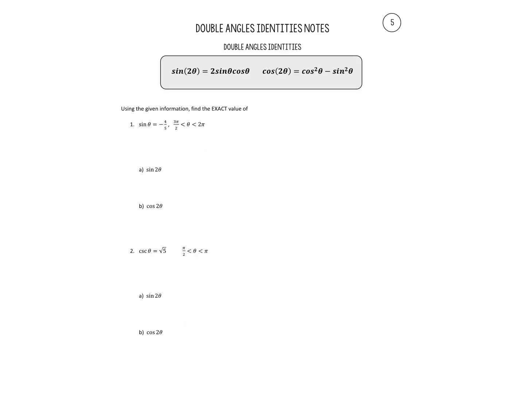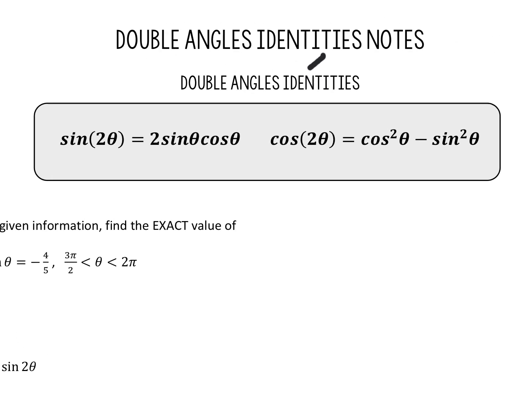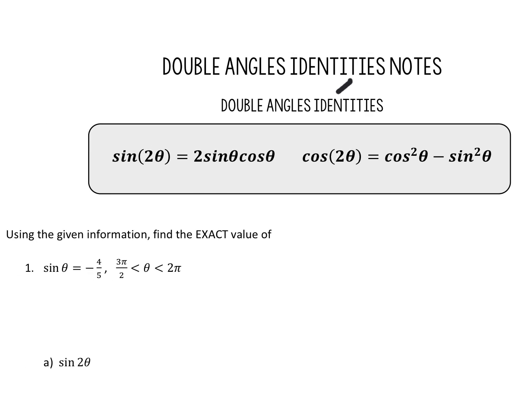So, double angle identities are given to you at the top of your notes. You'll check those out. There's 2 of them, and you might want to make a note here that you do not have to memorize. So when you're asked to find the sine of 2 theta, you can't just find the sine of theta and multiply it by 2.